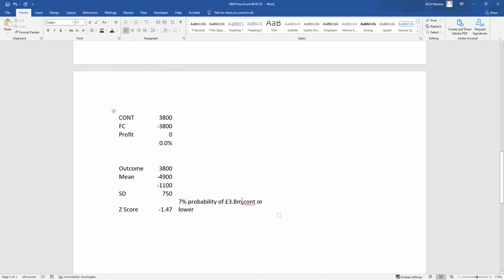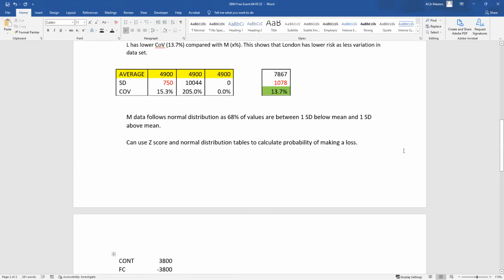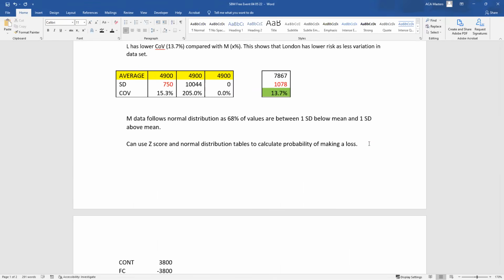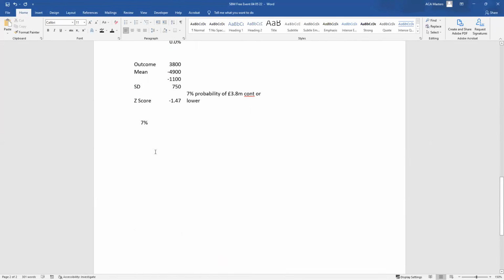And then we could put here 7%, or we could just put it up here. There is a 7% probability of 3.8 million contribution or lower, and therefore there would be a 7% probability of Manchester making a loss.